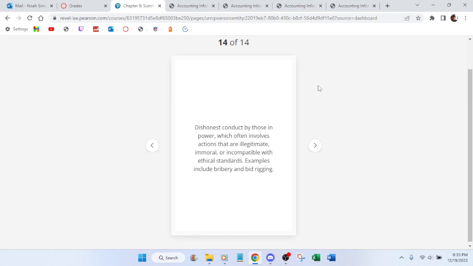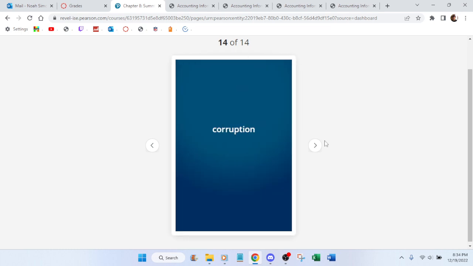Dishonest conduct by those in power, which often involves actions that are illegitimate, immoral, or incompatible with ethical standards. Examples include bribery and bid rigging.